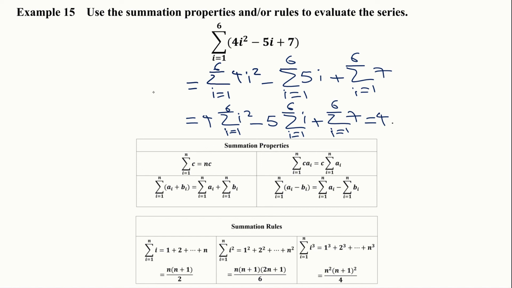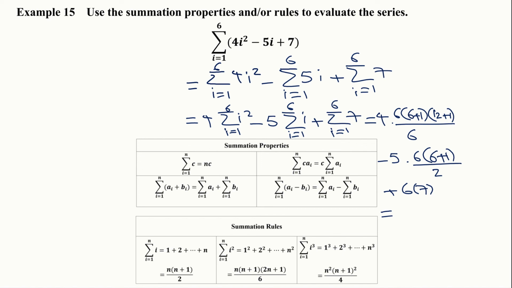So 6 times 6 plus 1 times 2 times 6, which is 12 plus 1 over 6, minus 5 times the sum for i, which is just n times n plus 1 over 2, and remember n is 6, so 6 times 6 plus 1 over 2, and then plus, for this one we're just using the simplest rule, the sum from i equals 1 to n of a constant, so it's just going to be the constant times 7, so 6 times 7.